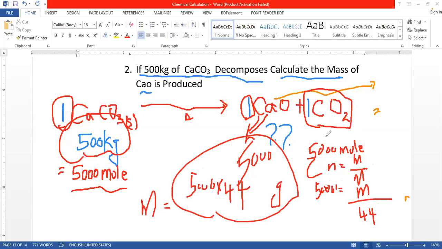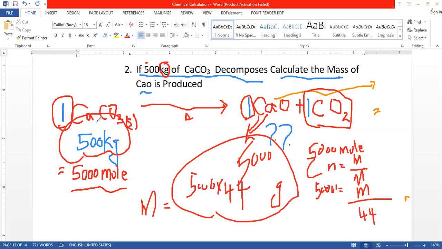Why have I put this question here? It is given in what unit? Kilogram. So the idea of this question is you should change that kilogram into gram, and find the mole of calcium carbonate. From calcium carbonate, you find the ratio, and that ratio is 1:1.